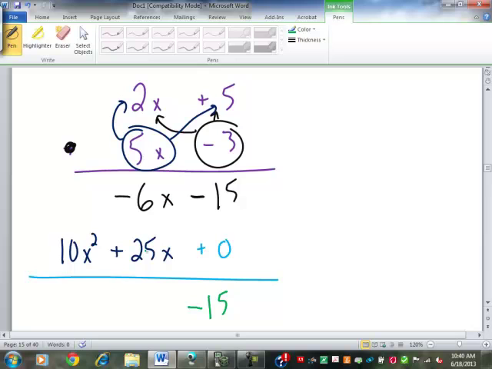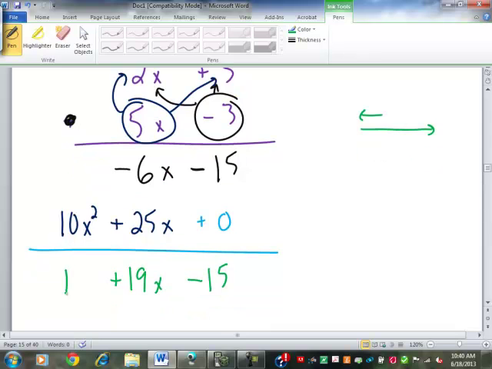Negative 6x and positive 25x is a positive 19x. You have negative 6 and positive 25. On the positive side, the difference between 25 and 6 is 19. And then nothing changes the 10x squared.